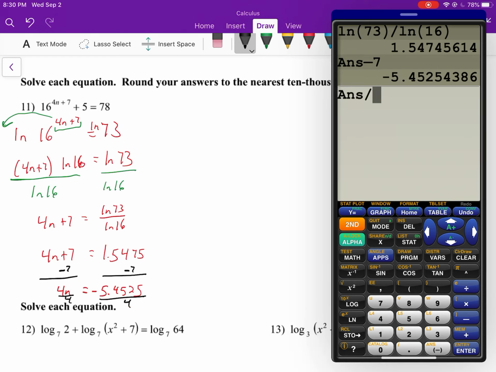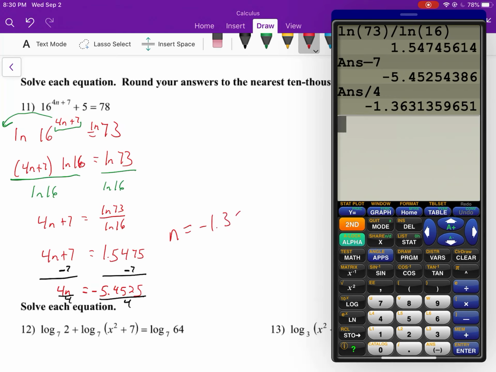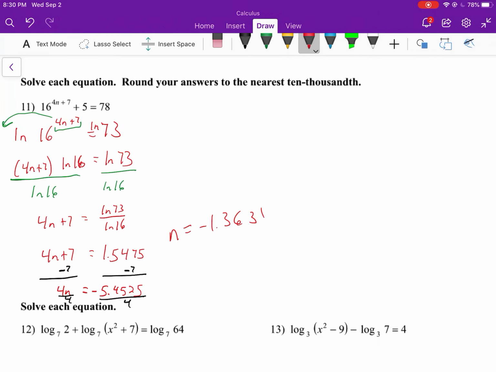And so over here, we divide by 4 on the calculator. And we get the answer to be n equals negative 1.3631. That's the 10,000ths place, so we rounded to the nearest 10,000ths. And that's how you can solve exponentials.